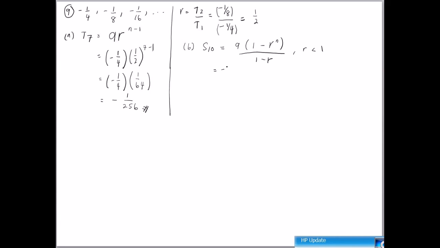Substitute a, negative 1 over 4. Then 1 minus our R, 1 over 2, power n, power 10, over 1 minus R, so 1 minus 1 over 2.